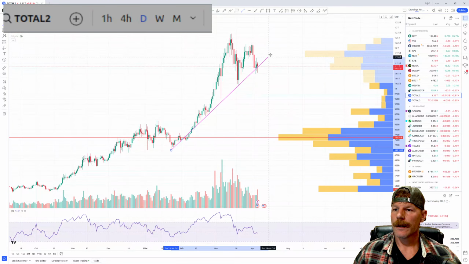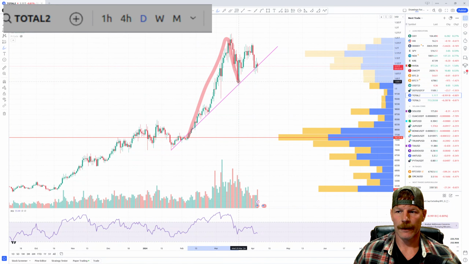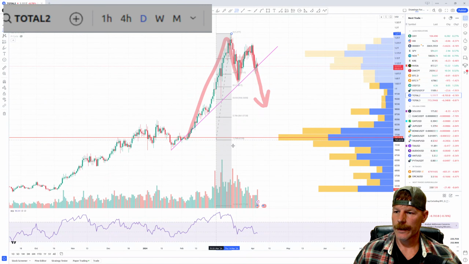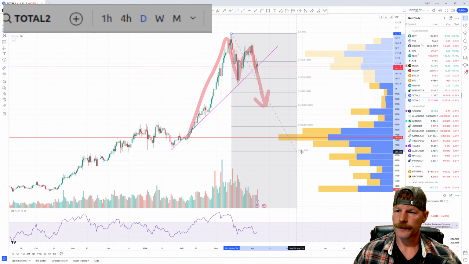And here we have a trend line here that we're looking to break. You can see the double top pattern represented here as well, and you'll see this pattern repeat on many of the alts. All right, but anyways, let's go ahead and draw out our Fibonacci from this high point to the low point over here, which is right down here.